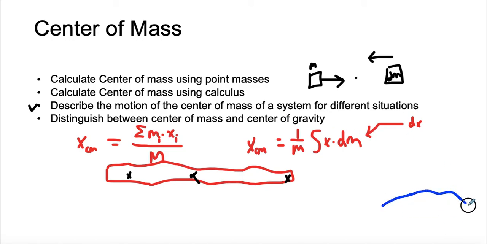For example, if you had the Earth and the Moon, the center of mass of the Moon is right in the center of the Moon, but the center of gravity is actually closer to the Earth because the near side of the Moon gets more gravity force than the far side of the Moon. So there are some differences between the center of mass and center of gravity, but you have to have really large things that are being affected by gravity to have that.